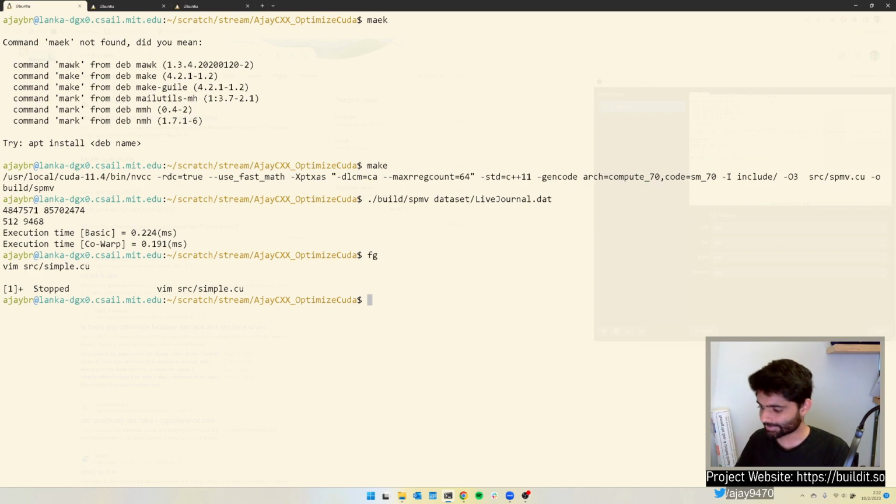That is what improves performance. So what we have done here is basically just improved the performance by coalescing the accesses on the column index array. But the accesses into the vectors is still bad, and we will fix that next.